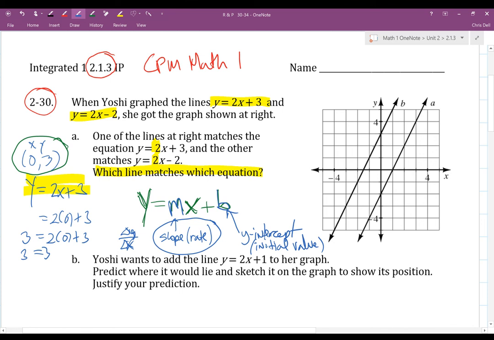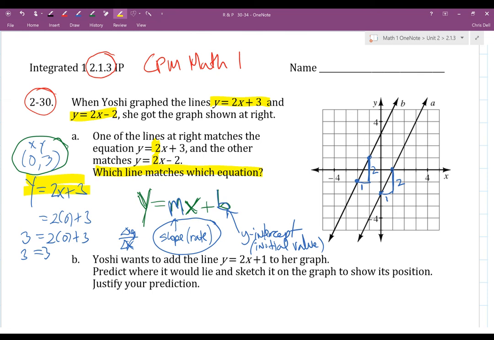So if that slope is 2, if I look at my lines, I can see that here. If I go from here to here, this change in y is 2, the change in x is 1. So if I look at this line here, and if I go from that point to that point, again, the change in y is 2, the change in x is 1. So that matches what that slope is for each of those equations.